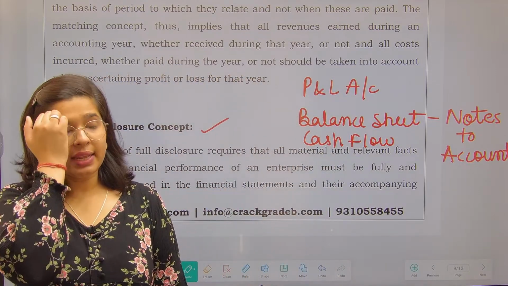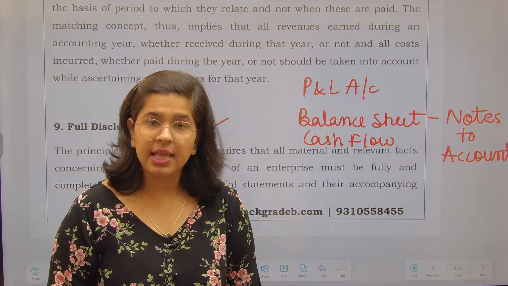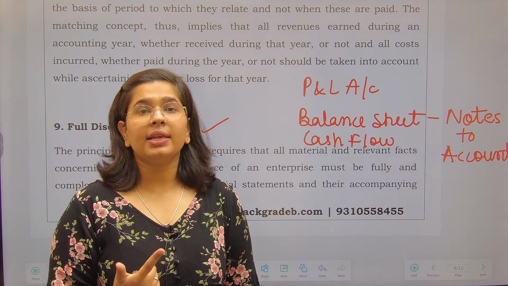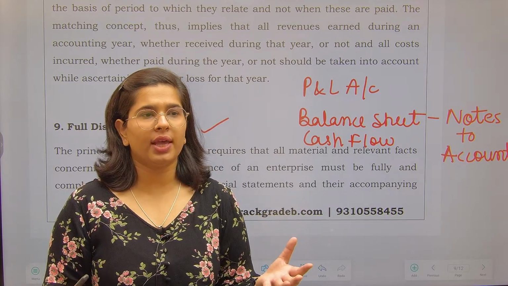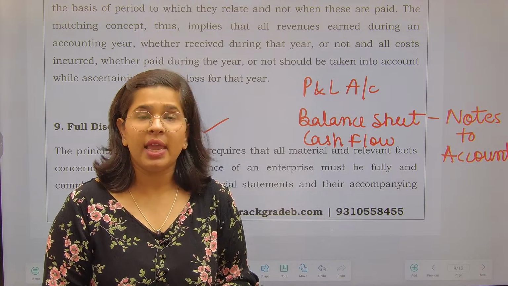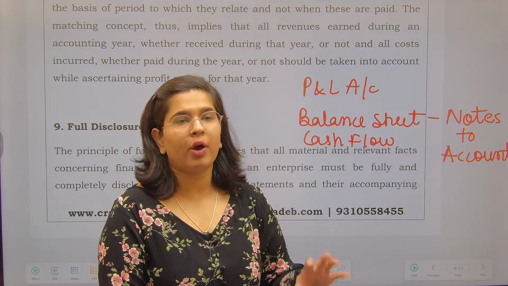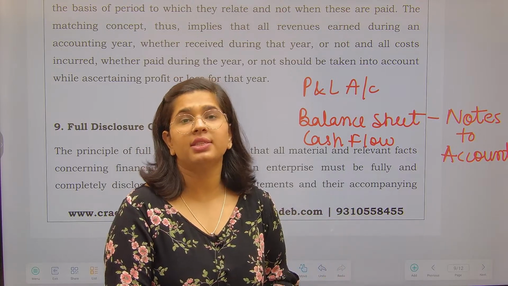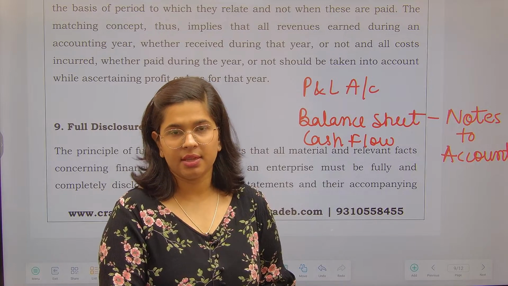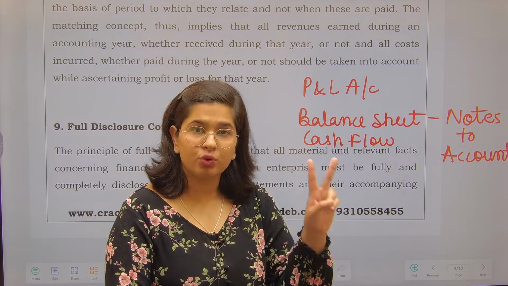Okay, so materiality is decided on the basis of monetary value, yes, but at the same time it can also be dependent on just its informatory value. Informatory value means if someone is having information about that particular item, then he might change his decision to invest. So this is why materiality concept has to be seen from two angles.